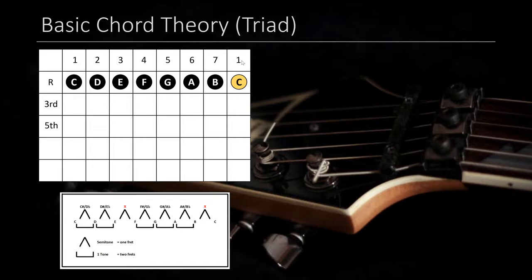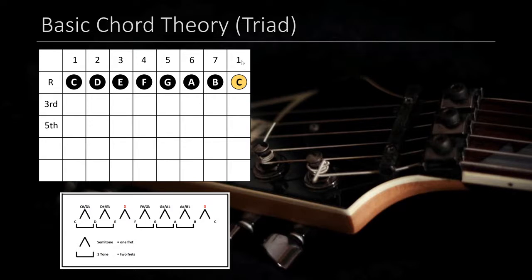Now when we start talking about chords, we are talking triads, and a triad is simply made up of a root note followed by a third followed by a fifth. So in the diagram here, our roots are C, D, E, F, G, A, B. And it's easy to put the thirds in because if you sing them 1, 2, 3, 4, 5, then they work.